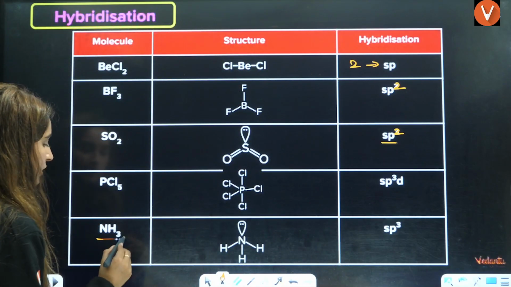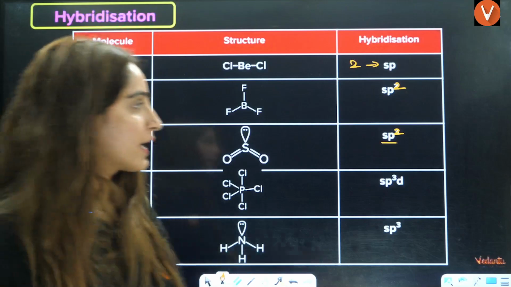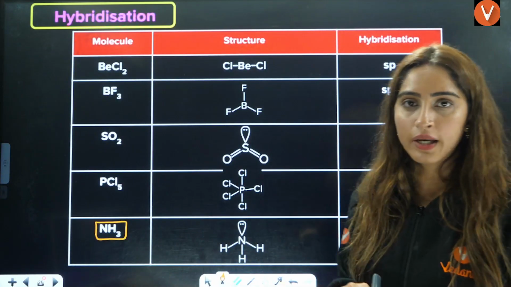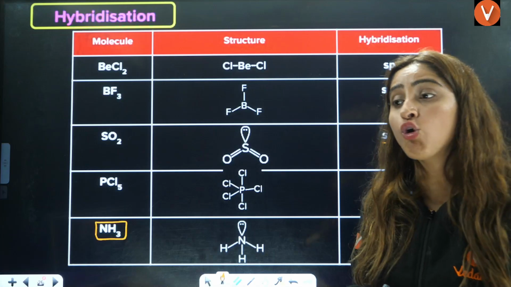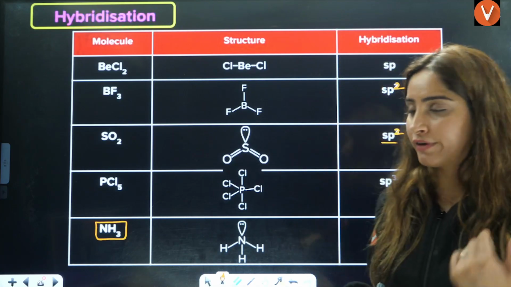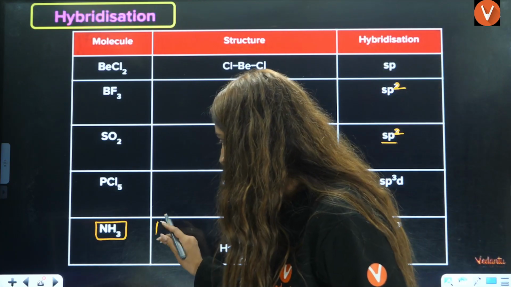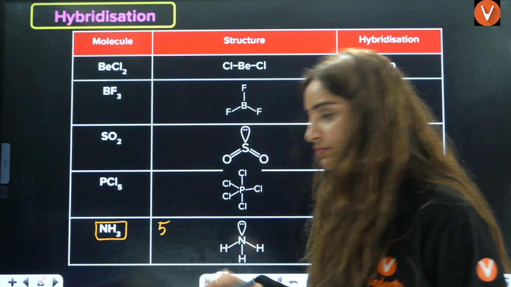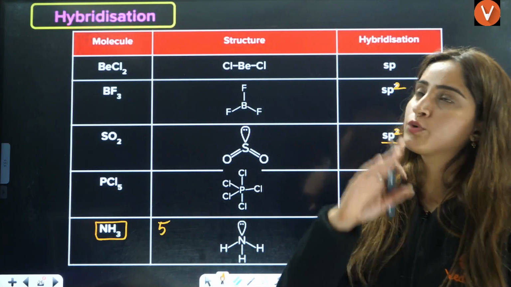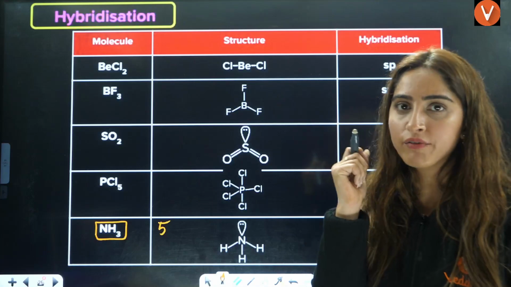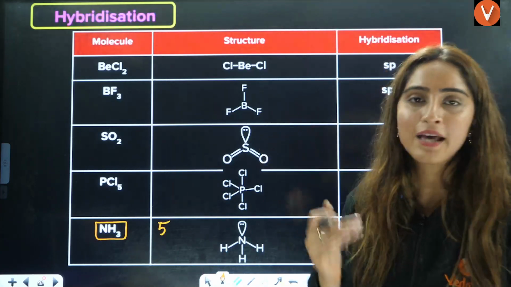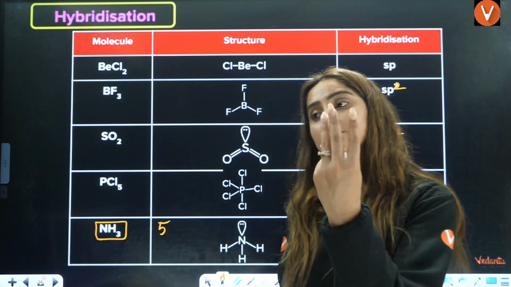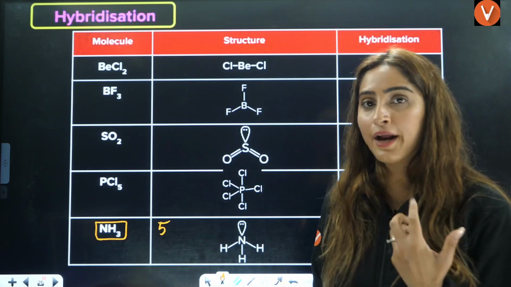Next is NH3. Again, how to calculate this? Now, NH3, nitrogen belongs to which group number? Group number 15. That means outermost electrons are 5. Let us write 5 here. Nitrogen, phosphorus, everyone has 5 outermost electrons. Now the surrounding atoms are 3 hydrogens.